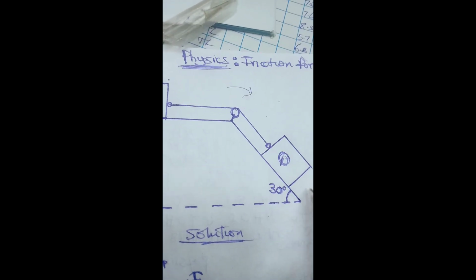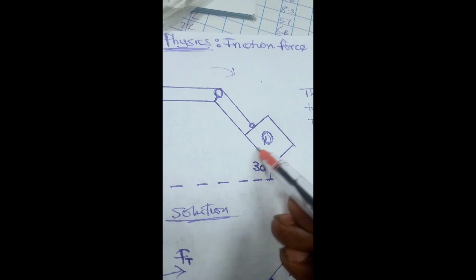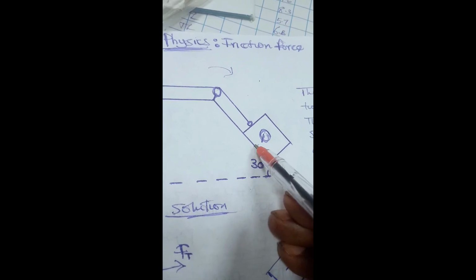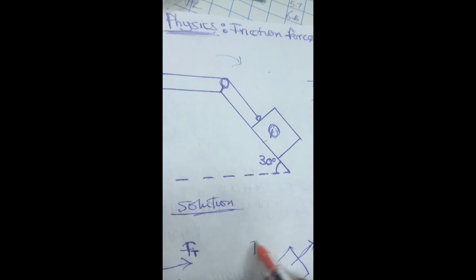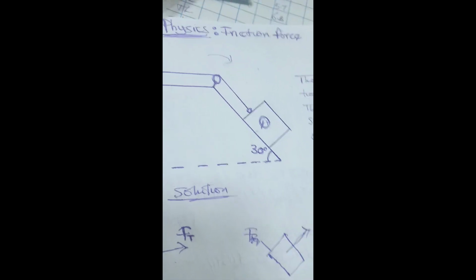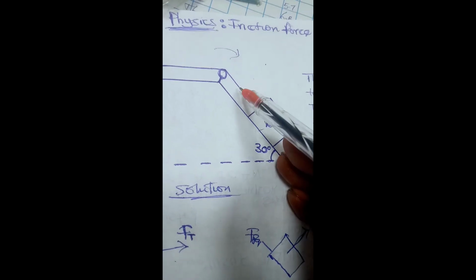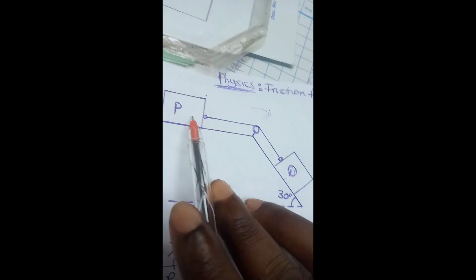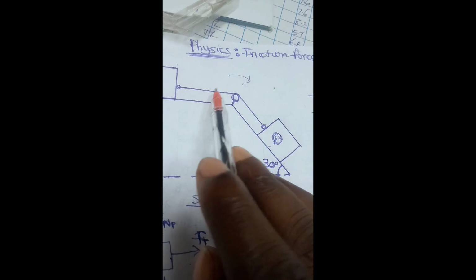And remember, as this object is moving downward like this, there is an opposing force here trying to oppose the movement. Let's tag that one to be F of FQ. Now the next thing, if we look at this very well, the tension in P is moving like this.